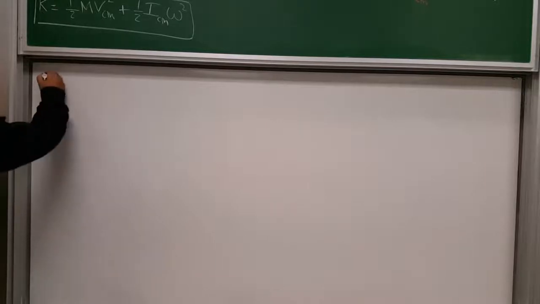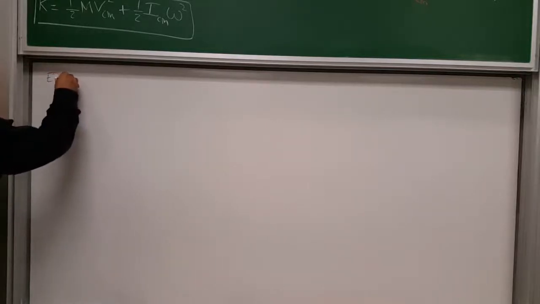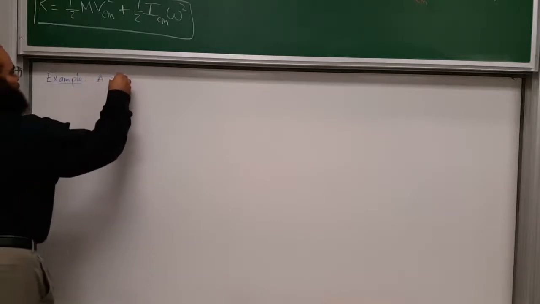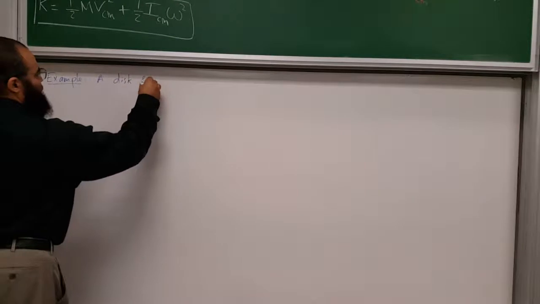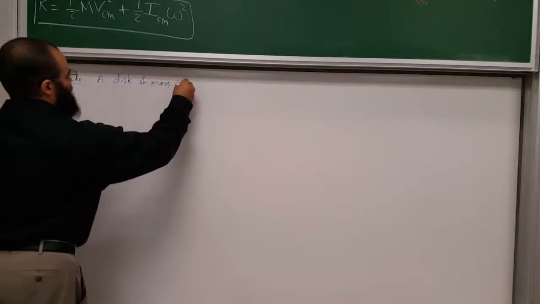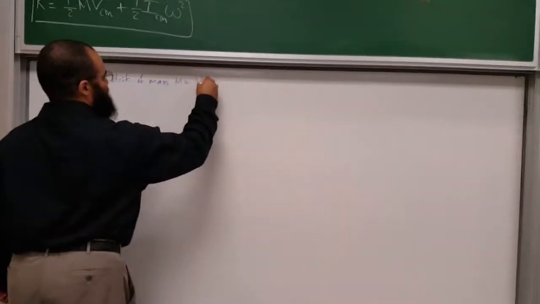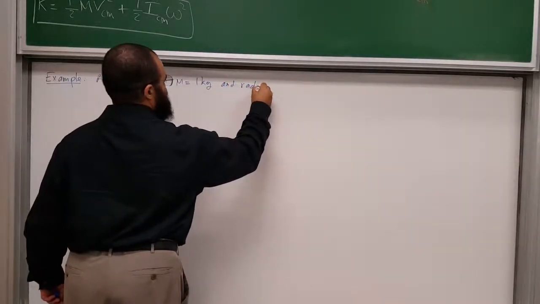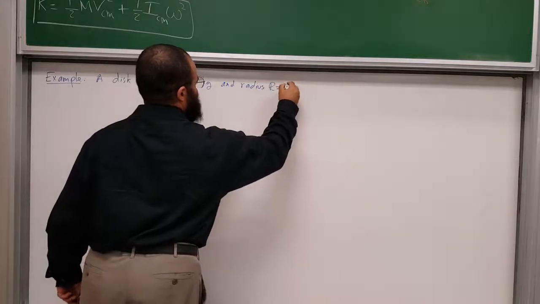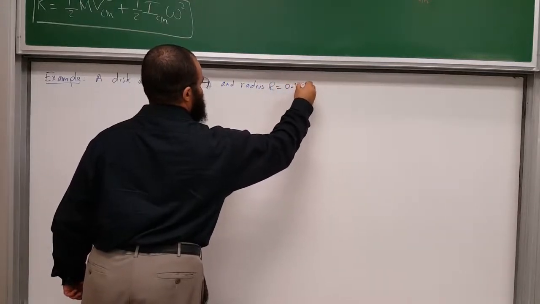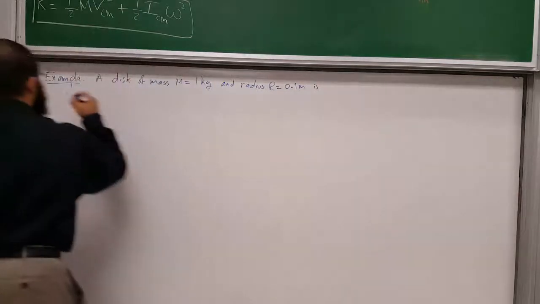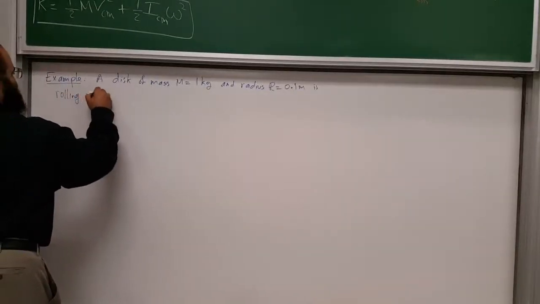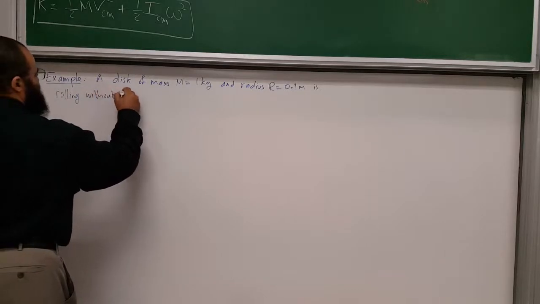So here's an example. A disk of mass capital M equals 1 kilogram and radius r equals 0.1 meters is rolling without slipping.